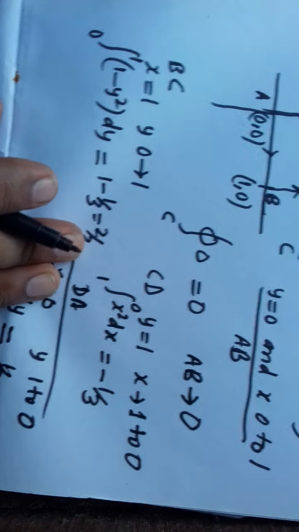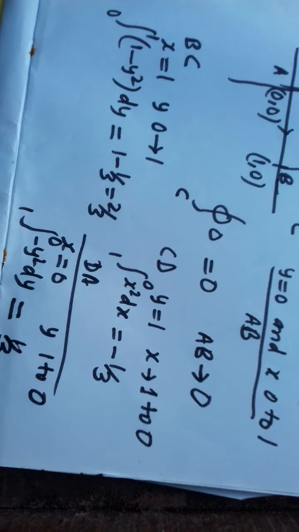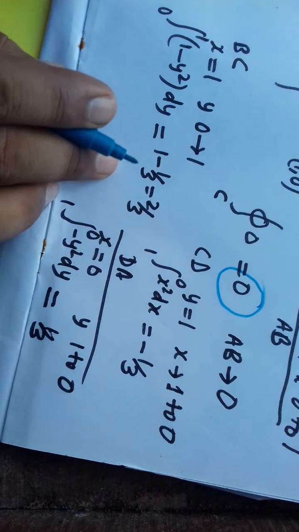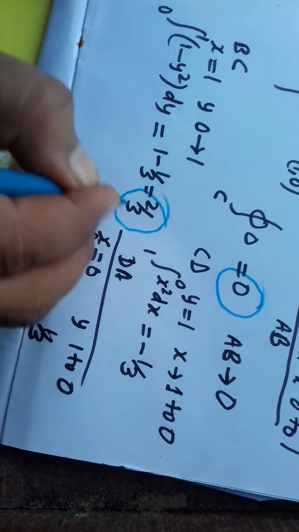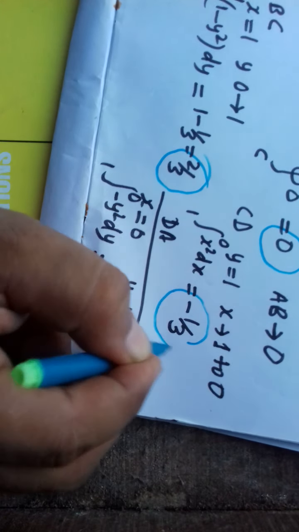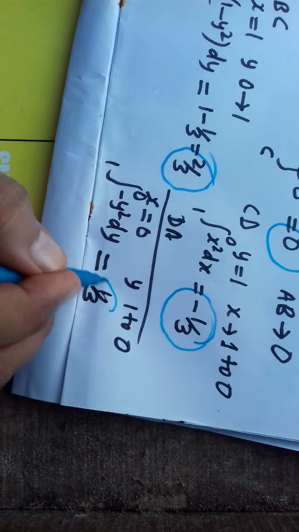Now we got all values. First is 0. Second is 2 by 3. Adding these two we get 2 by 3. Third is minus 1 by 3. Subtracting we get 1 by 3 and again plus 1 by 3.